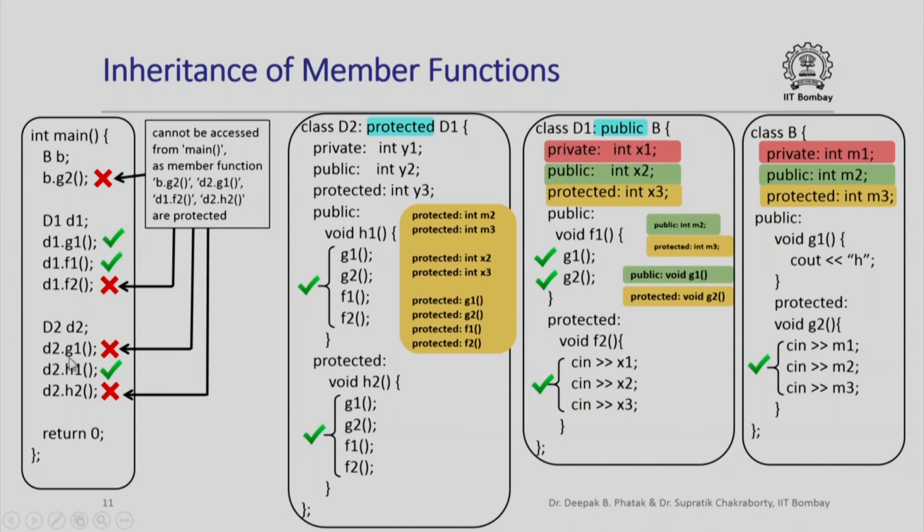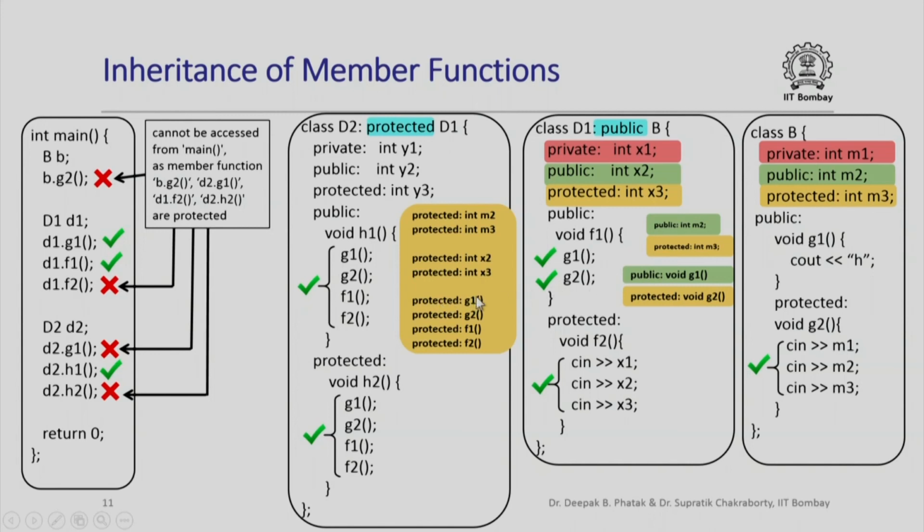Can I access d2.g1? G1 is a protected member function of the class D2. Why is it a protected member function? Because G1 is actually inherited from D1, and in D1 the accessibility specification of G1 was public, but the mode of derivation was protected. So protected and public together makes it protected here.